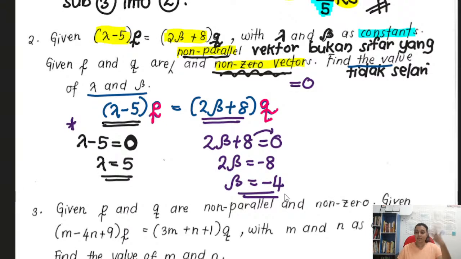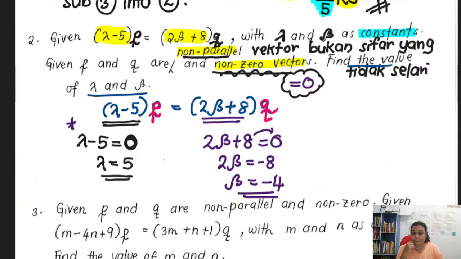Lambda dah dapat, beta pun dah dapat. Both you get. So that's the clue. This question is actually quite easy, senang. But students forget that they must make it equal to 0. So this is your keyword. Inilah keyword student. One more time, teacher repeat.